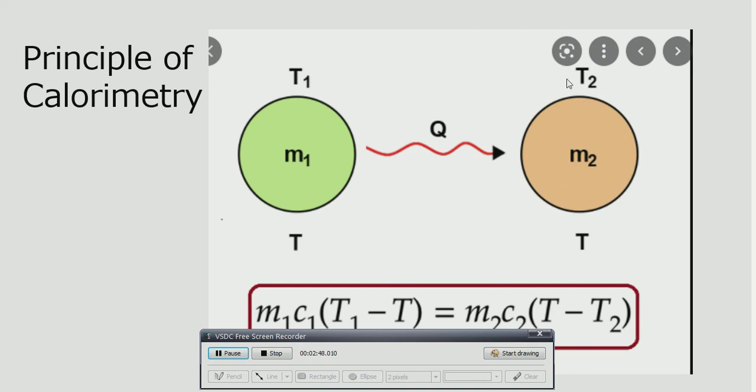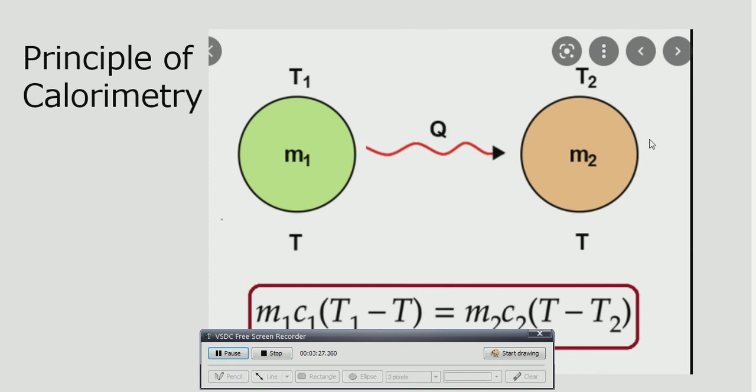Clear? Now if two objects are in thermal equilibrium, what does the principle of calorimetry say? If two objects are in thermal contact and they are insulated from outside, meaning they have no connection with the outside environment, then the only source of heat for M2 is M1, and vice versa.